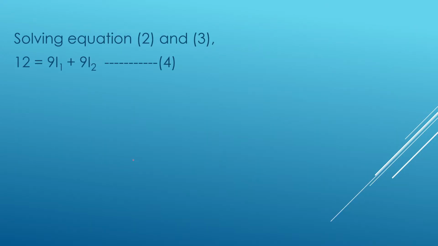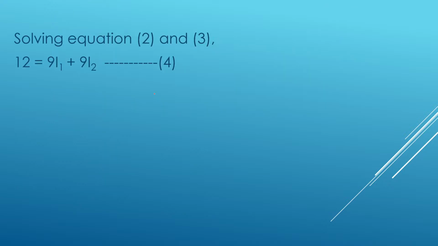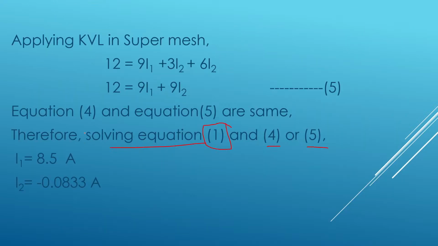Equation 1 was I1 minus I2 is equal to 1.5. Now take a scientific calculator, substitute equation 1 and equation 4 or 5, and you will get I1 equal to 8.5 amperes, I2 equal to minus 0.0833 amperes.